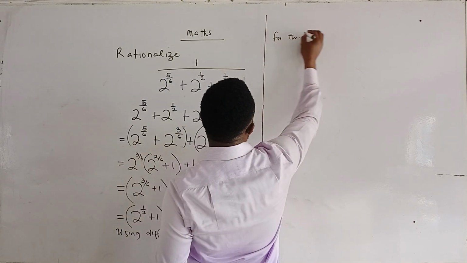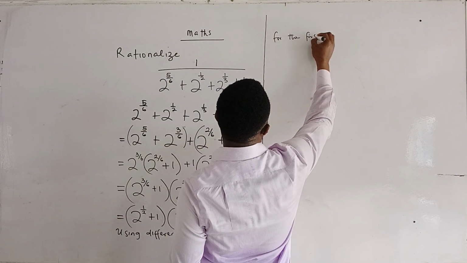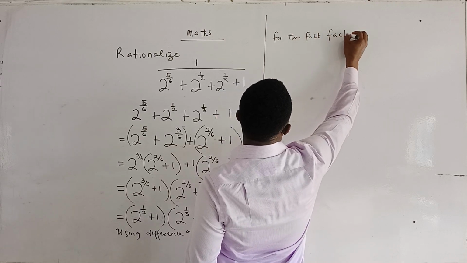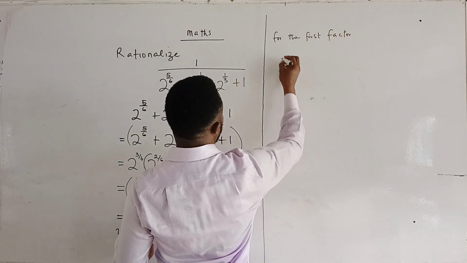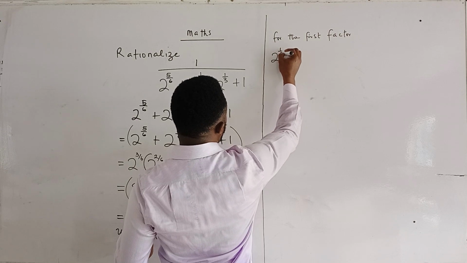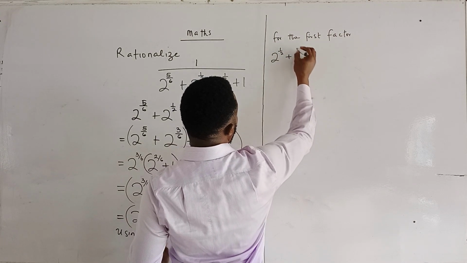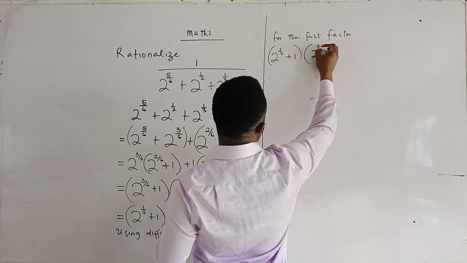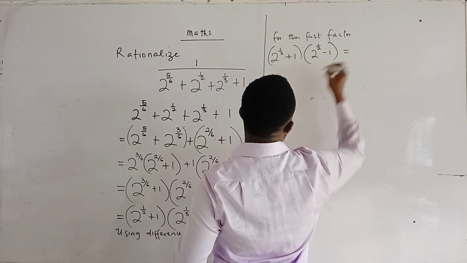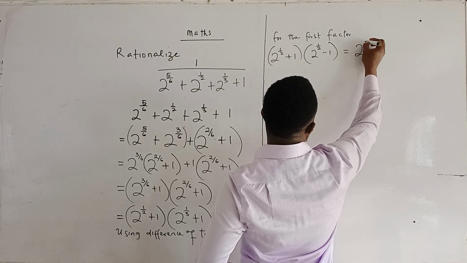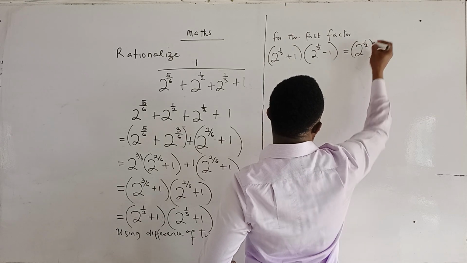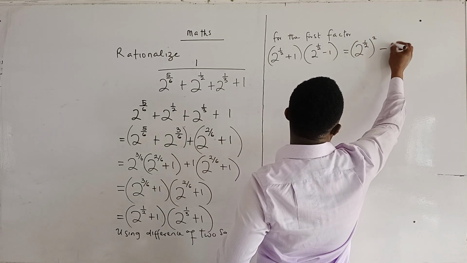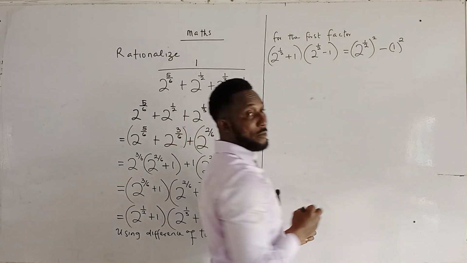For the first factor, that's going to be 2 to the power of half plus 1 multiplied by 2 to the power of half minus 1. This will be equal to 2 to the power of half all squared minus 1 all squared.